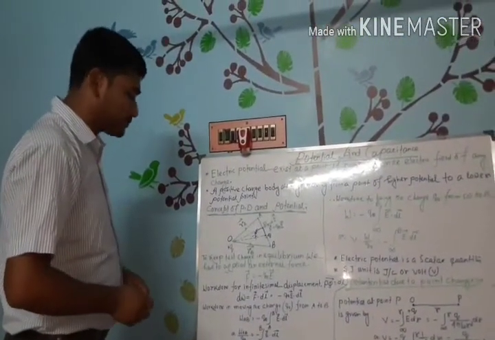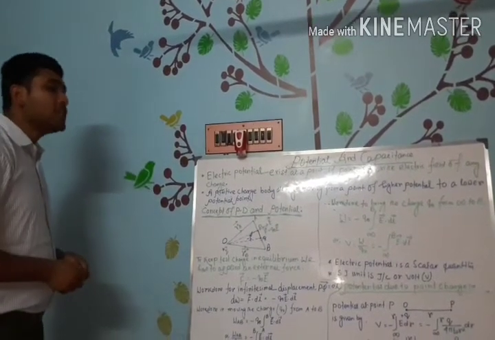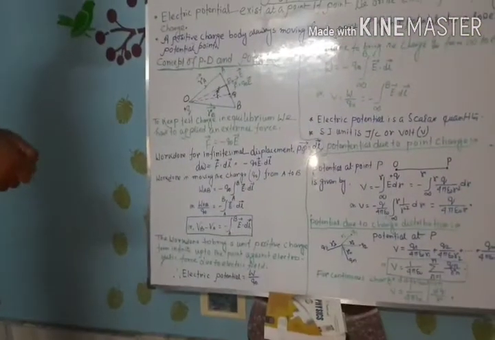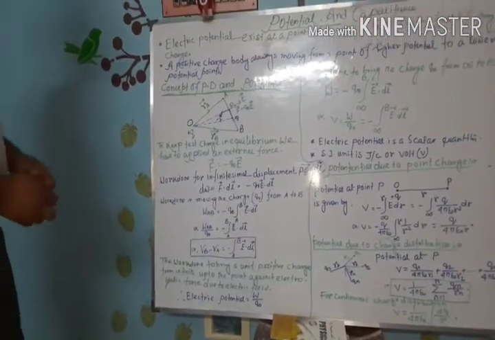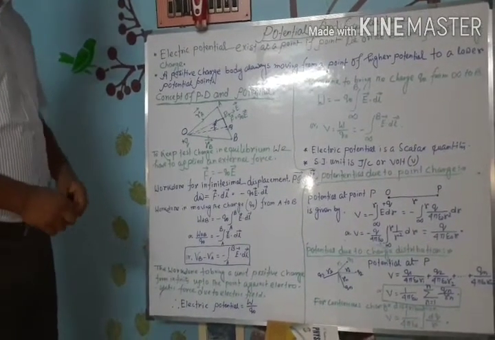Therefore we can say that in an electric field, the potential difference between any two points can be calculated as the negative of the line integral of the electric field between the two points.